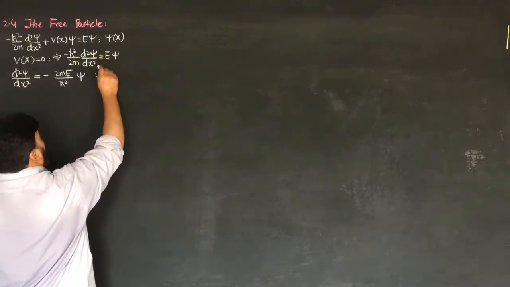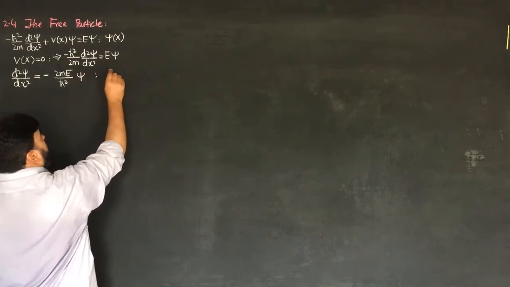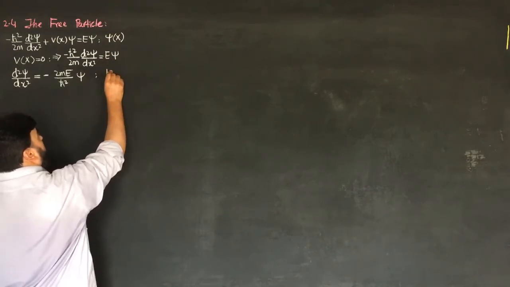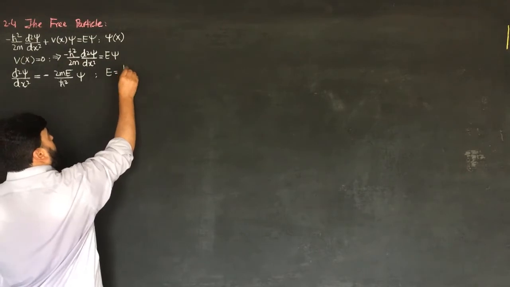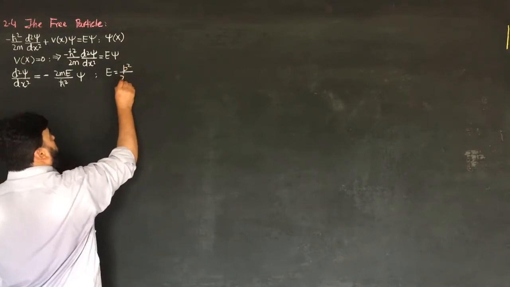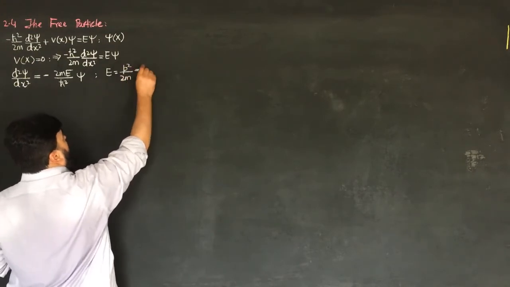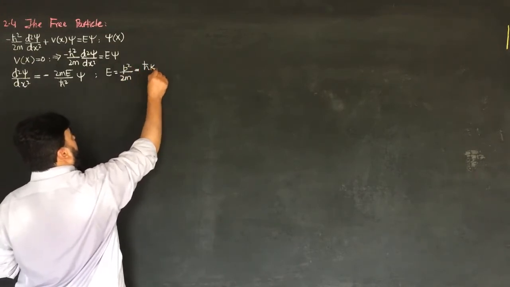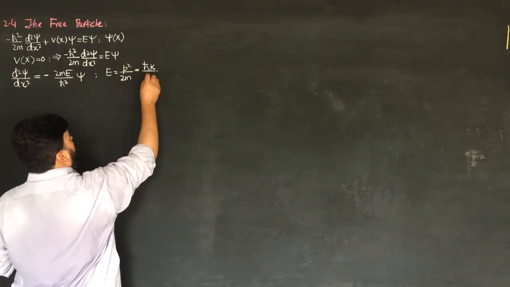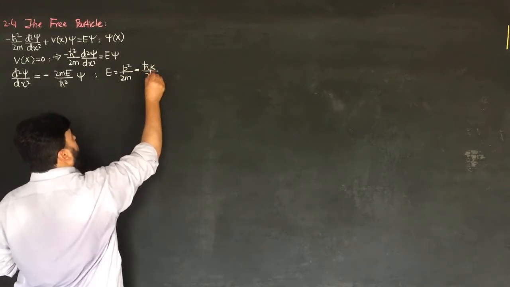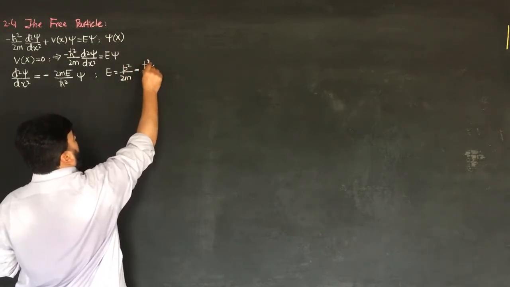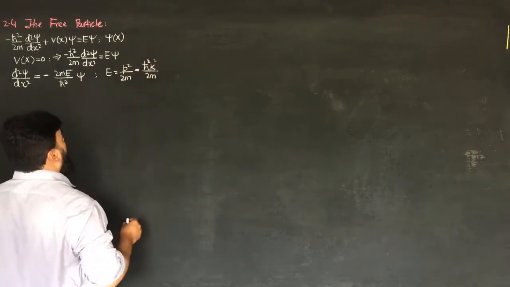So we do a supposition, and the supposition is such that I know that E is equal to p square over 2m, and for waves p is h bar k, where k is the wave number. So p square will become h bar square k square.